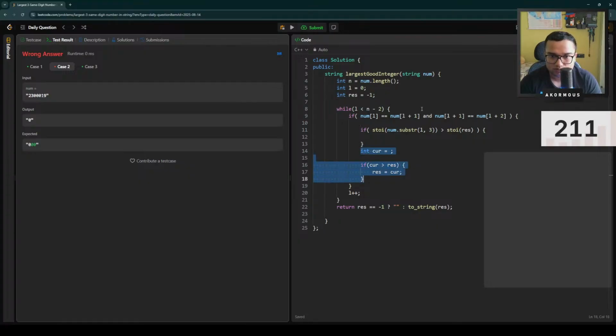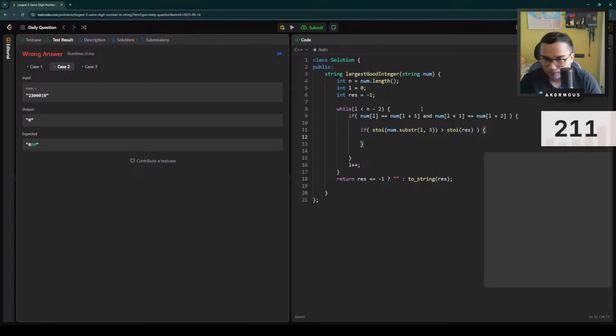So stoi, right? Okay, res equals... string current equals, let's not do substring multiple times. Current, res equals current, and res should be a string, and let's keep this like this.